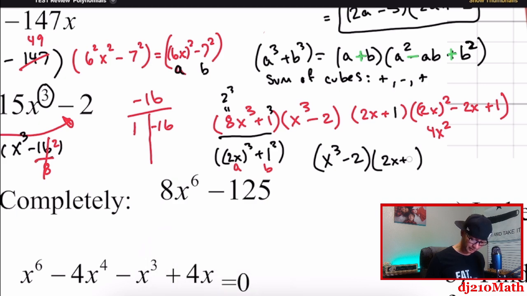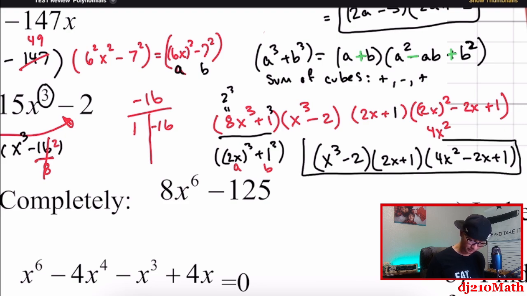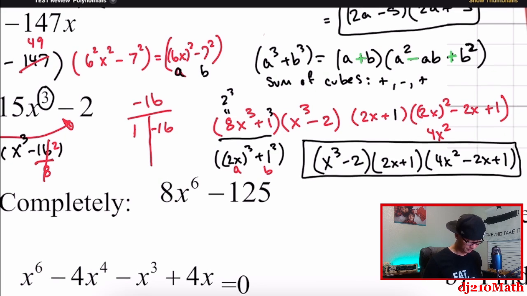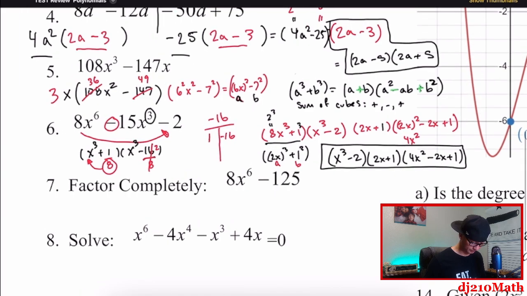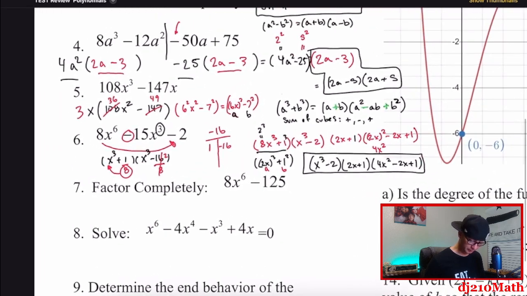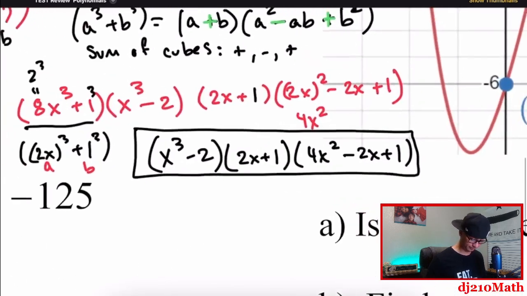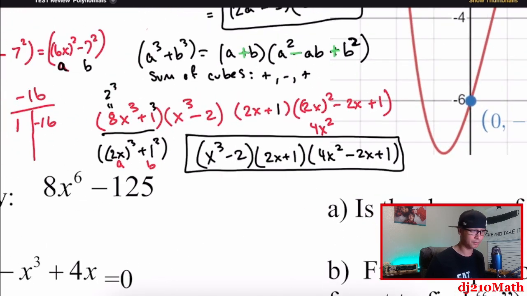Caught it. And then 4x squared minus 2x plus 1. There it is. What number are we on? Number 6. That's what number 6 would be. So factor completely. There it is. Let's go.